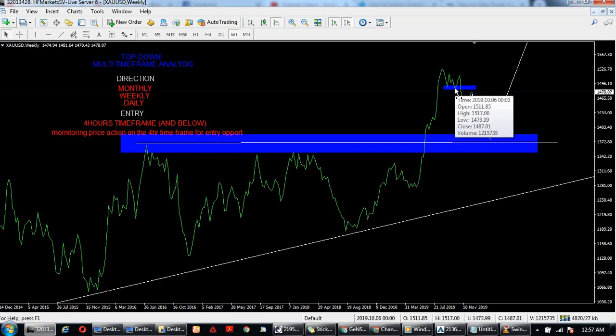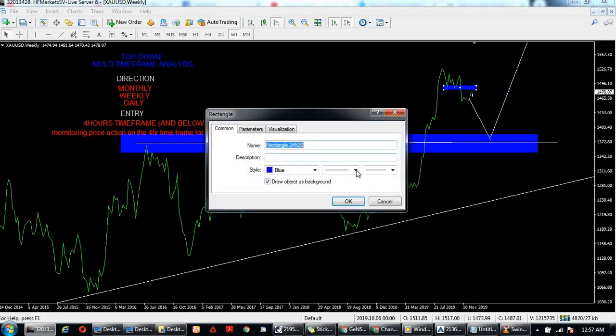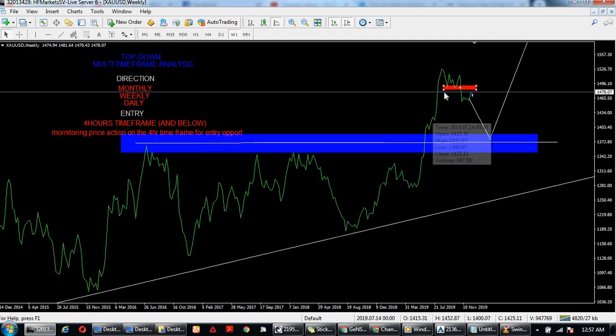Previously, there has been a previous weekly support right at that point. Take note of this, guys. There's been a weekly support, and then we can see price now came and closed right below this weekly support.